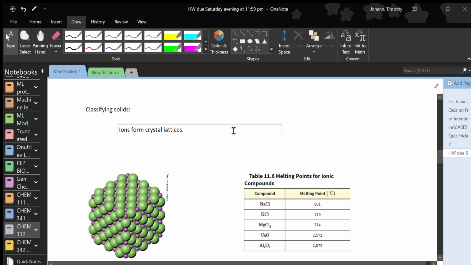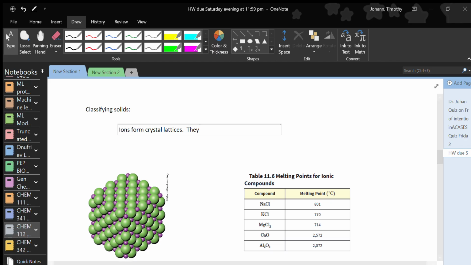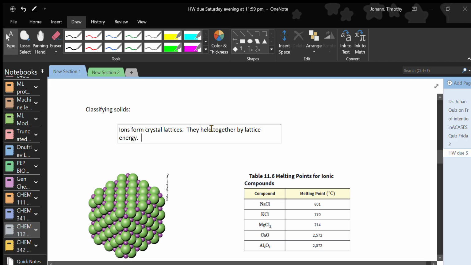Why do they come together? Because they're attracted. Yeah, opposite charges attract each other. So ions form crystal lattices. They are held together by what we call lattice energy, which is the attraction between those charges.